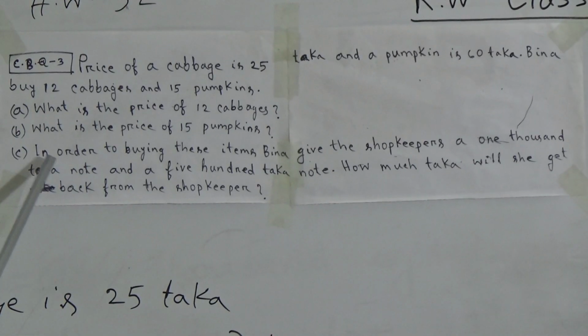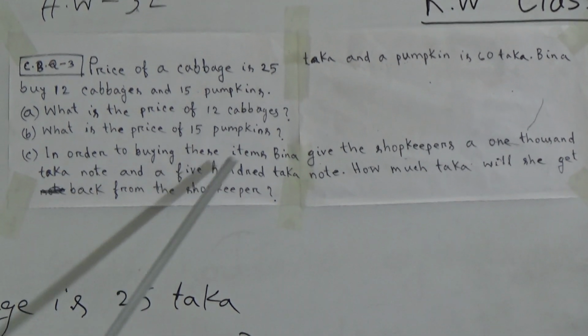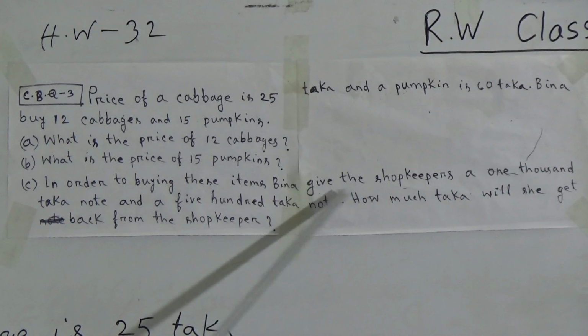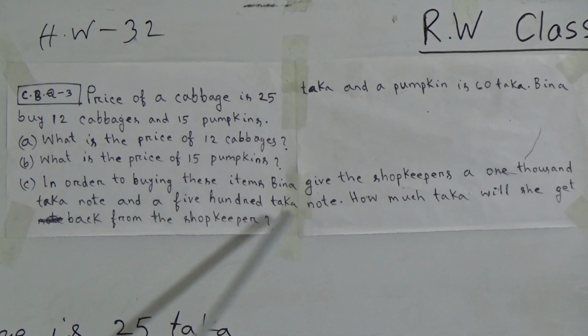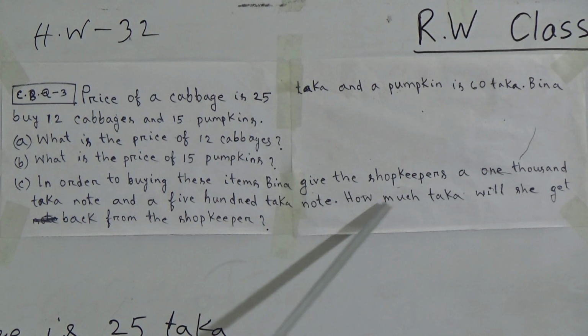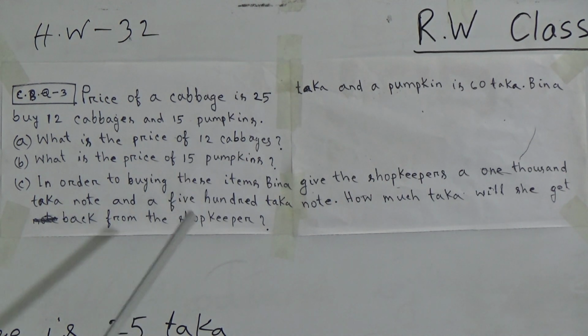C number question is, in order to buy these items, Bina gives the shopkeeper a 1000 taka note and a 500 taka note. How much taka will she get back from the shopkeeper? She has given the shopkeeper a 1000 taka note and a 500 taka note, and 1000 taka note means 1000 taka and 500 taka means 500 taka.